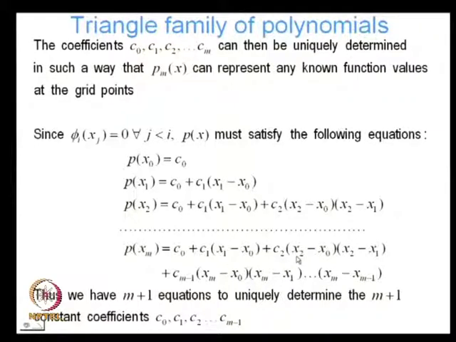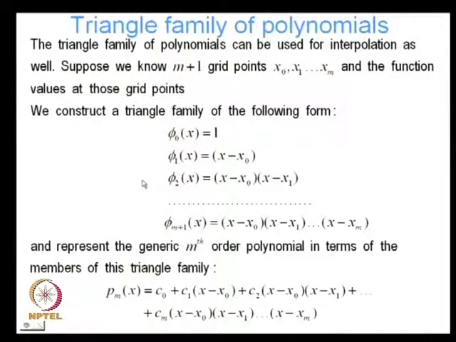So the coefficients c0, c1 through cm can then be uniquely determined from the known function values at the grid points. I have shown how you determine those. So you evaluate p of x0, which gives you c0, p of x1 which is going to give you c1 (x1 minus x0) plus c0.